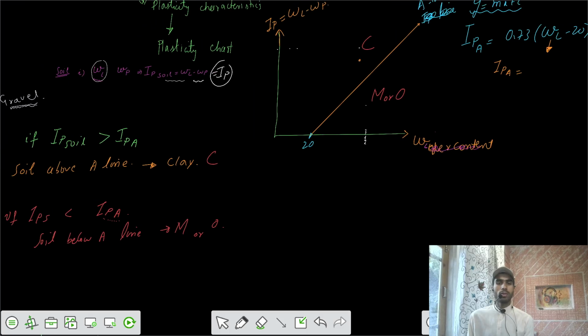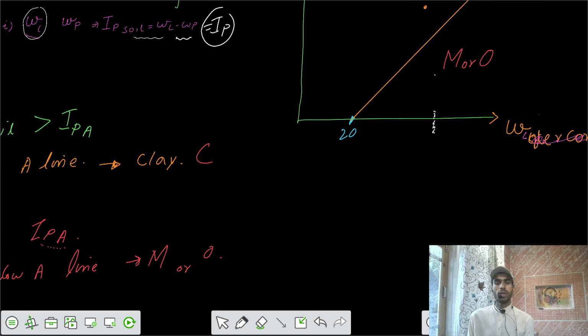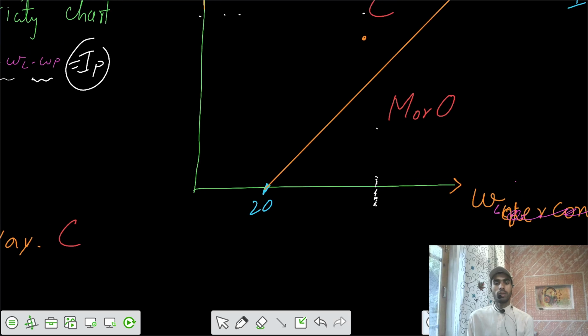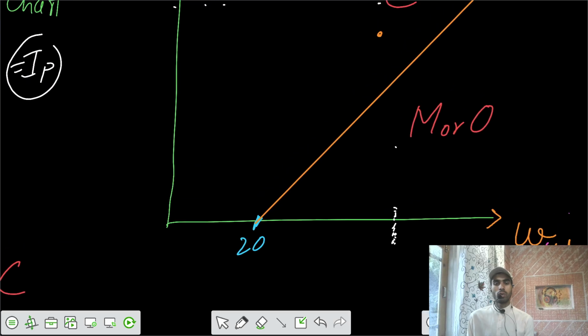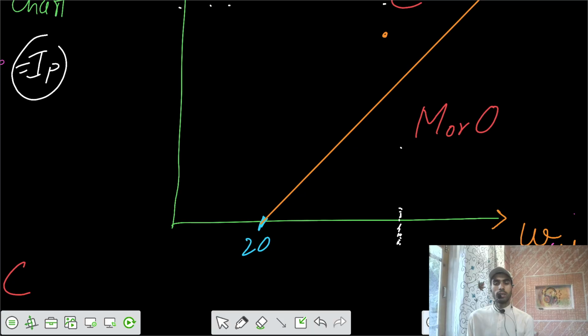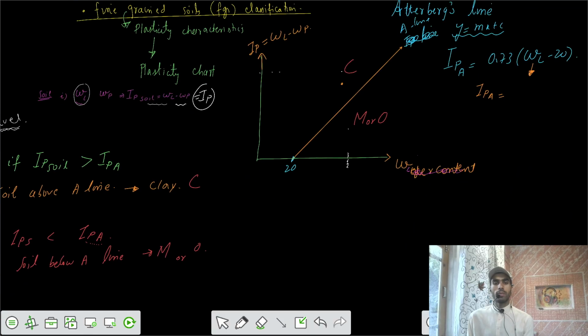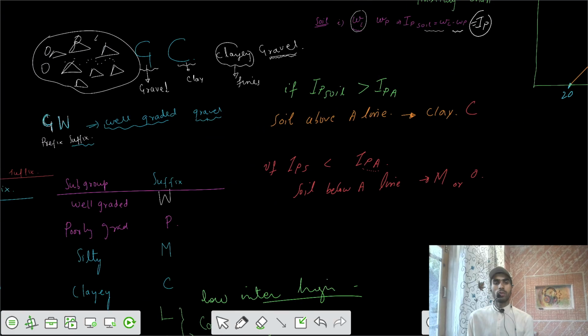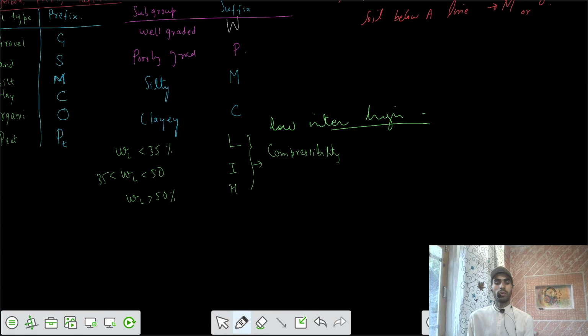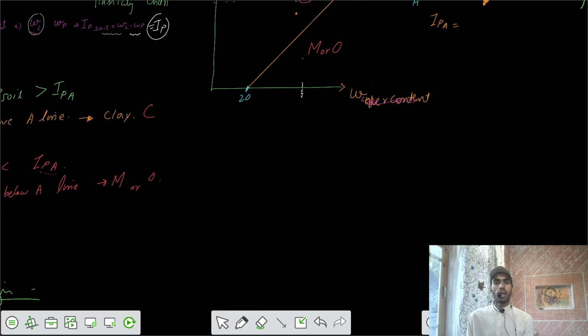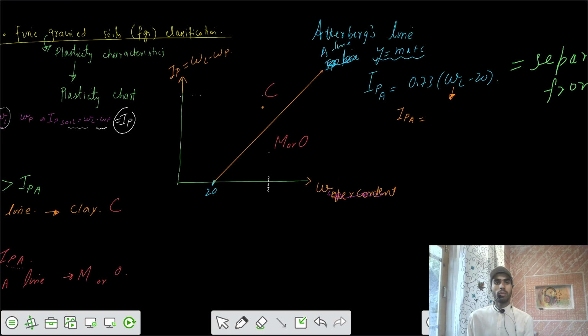And there is one more transition somewhere here. Let's first have those three different kinds of prefix and suffix, and talk about these also based on the liquid limit. So your diagram plus the T chart would be somewhat in this fashion.